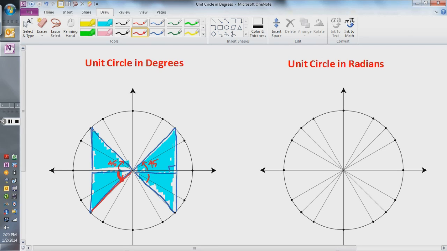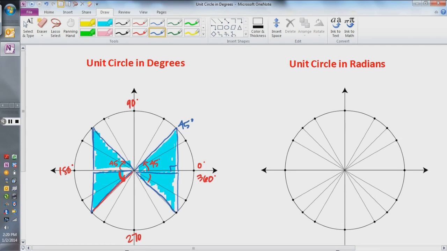So I have all of these that have a 45 degree reference angle, but the question is, as I travel around, what are my angles? Well, I know that this is 90 degrees, 180 degrees, 270 degrees, 360 degrees. The 45 degrees cuts my 90 in half, so this is going to be 45 degrees.